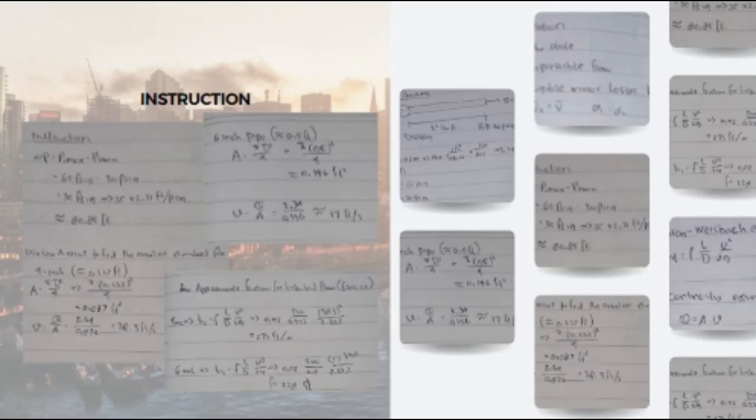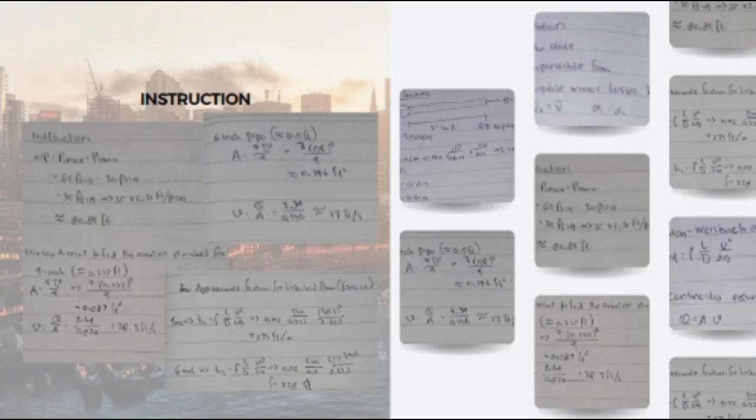so here I try with a 4-inch diameter pipe, and if we convert to feet, it is approximately 0.333 feet. So we enter this into the equation. The equation is A equal to pi times D squared per 4, and we get A is 0.087 feet squared.